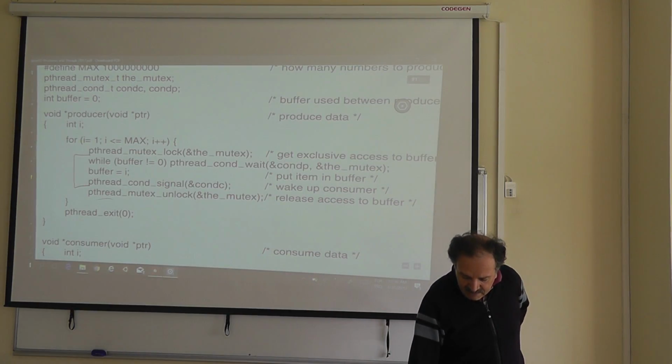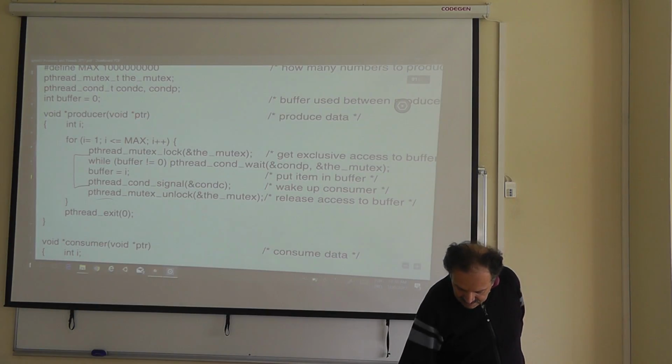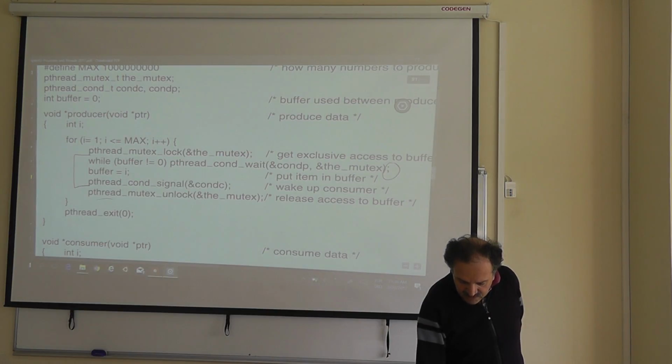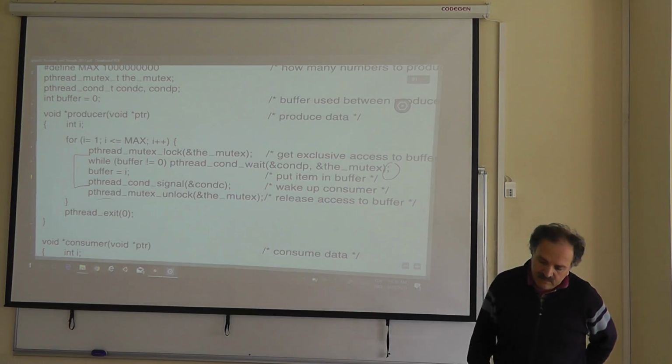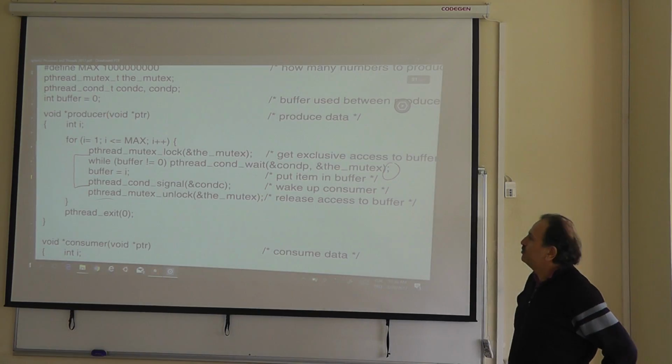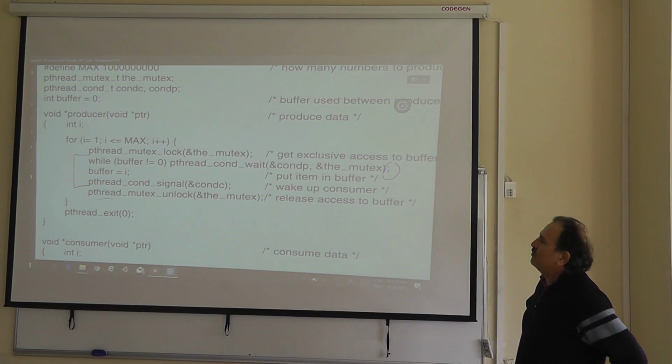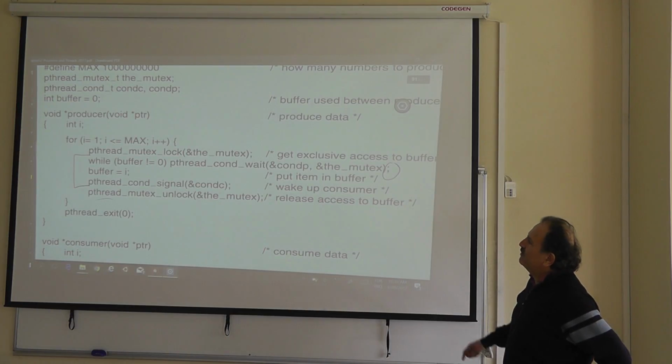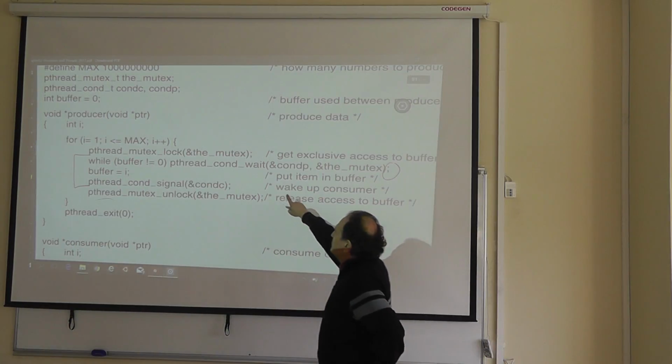And I am saying that I am inside this mutex lock. End of this while loop. I am in an infinite while loop, but in the first execution of the while loop, if the buffer is not 0, then I will make this call and I will sleep.